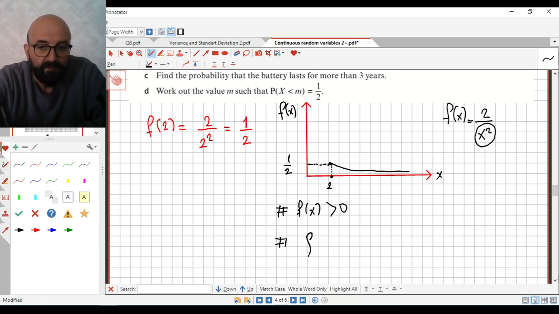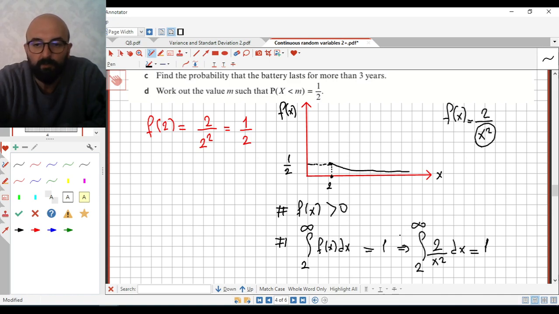So the integral from 2 to infinity of f(x) dx should be 1. It means the integral from 2 to infinity of 2 over x squared dx should be 1.